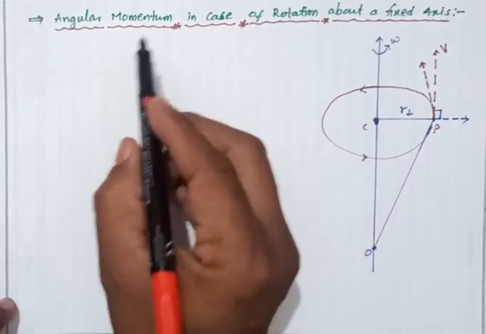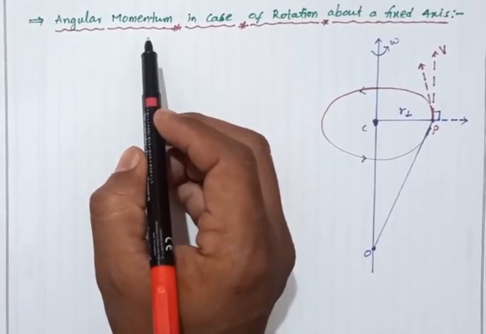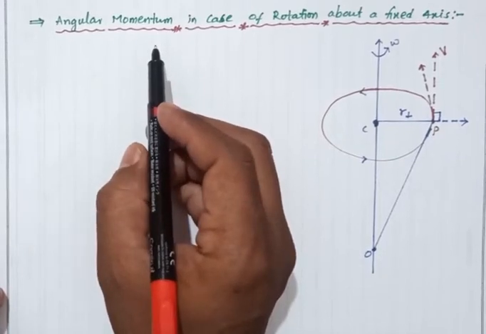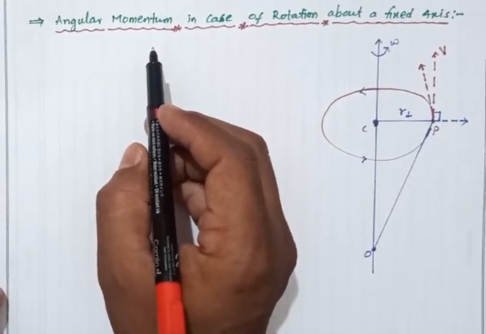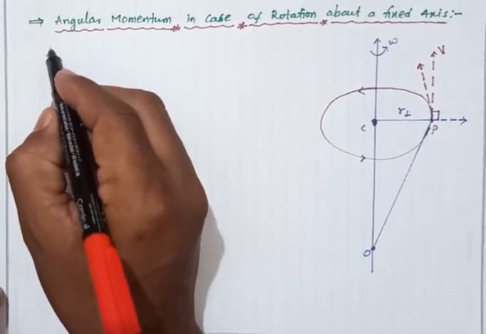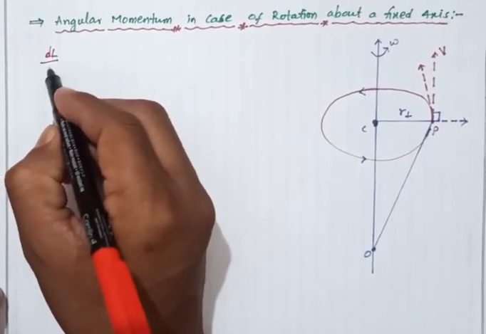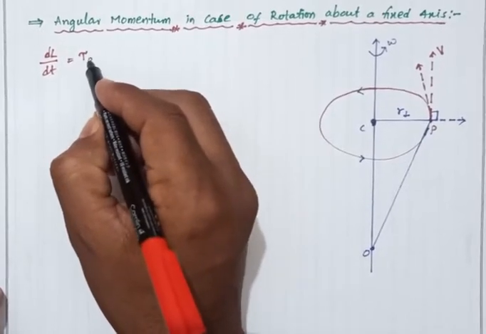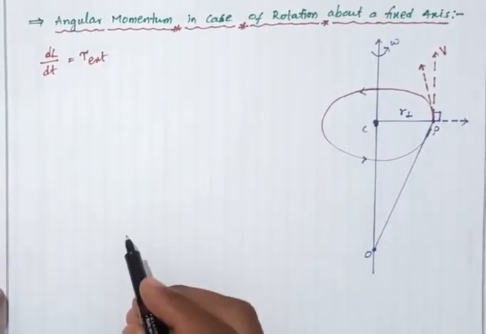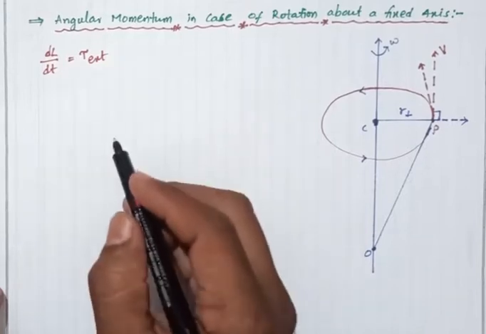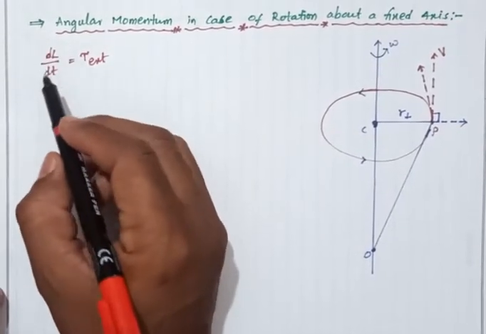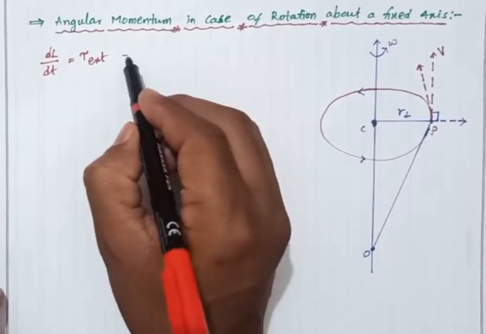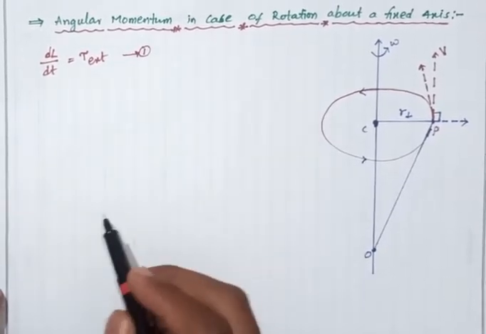For a system of particles or a particle, the rate of change of the angular momentum, dL by dt, is equal to tau external. The external moment of force is equal to the time rate of change of the angular momentum. So this is equation number 1.